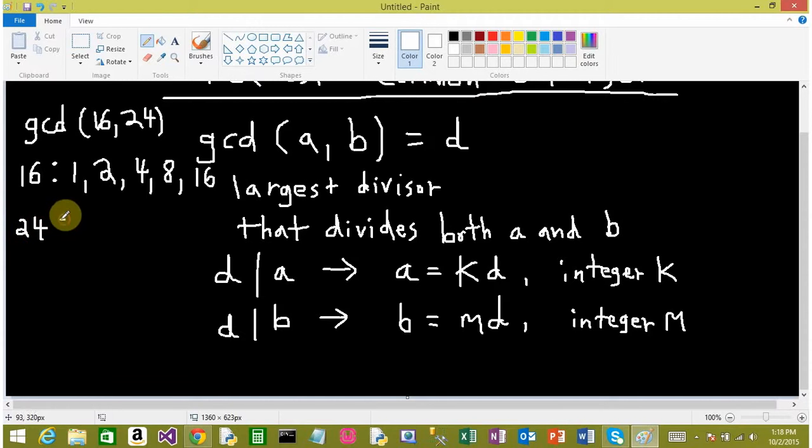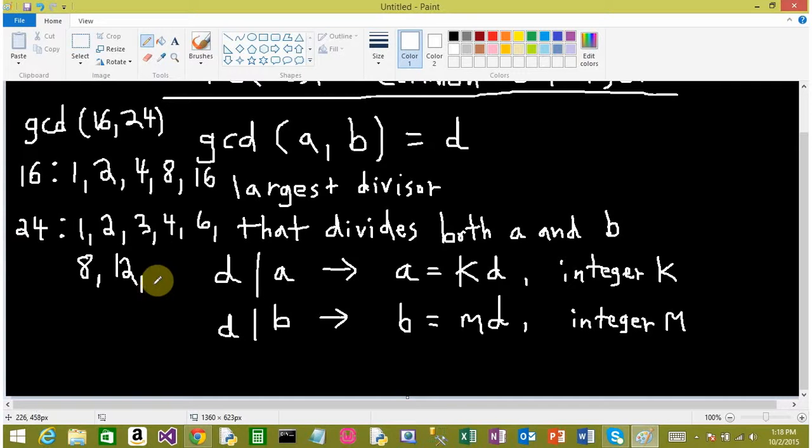The divisors for 24, we start with 1, 2 because it's even, 3 is a divisor, 4 is also a divisor, 5, no, 6, yes, 7, no, 8, yes, 9, 10, 11, let's see, 12, yes, 13, 14, 15, 16, 17, 18.